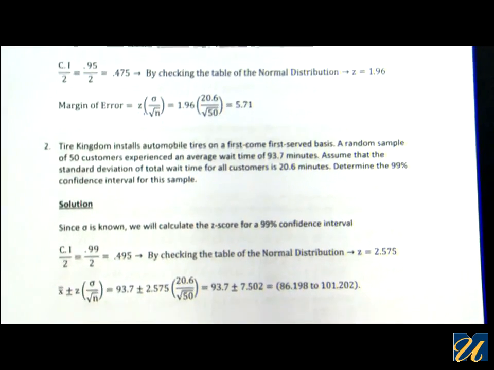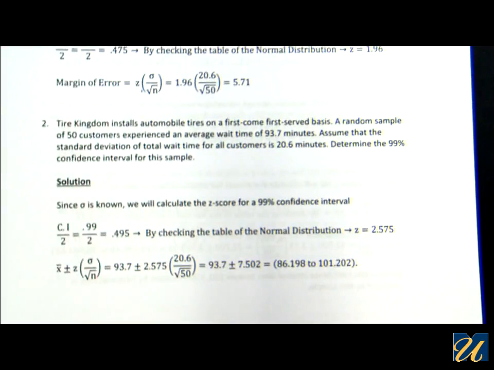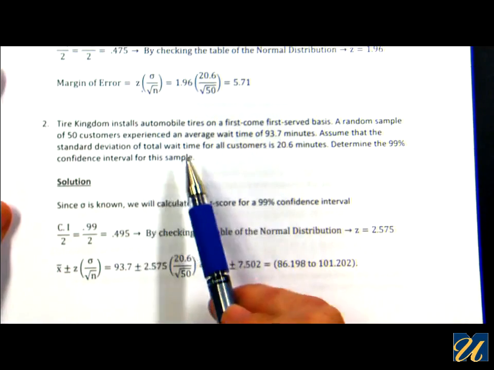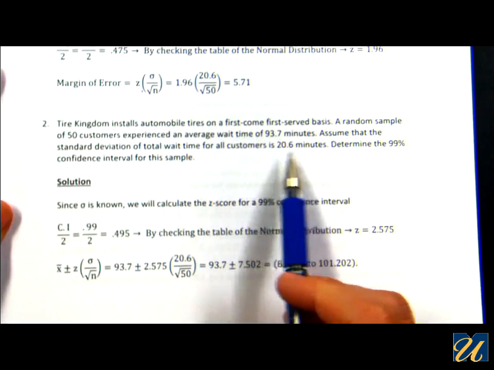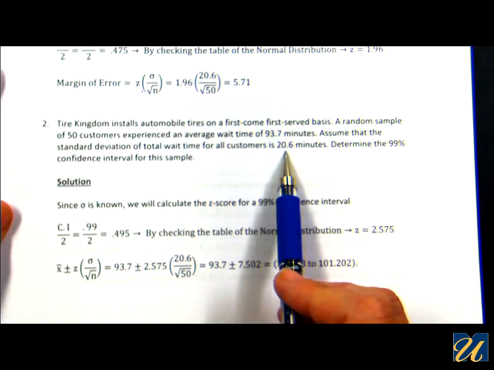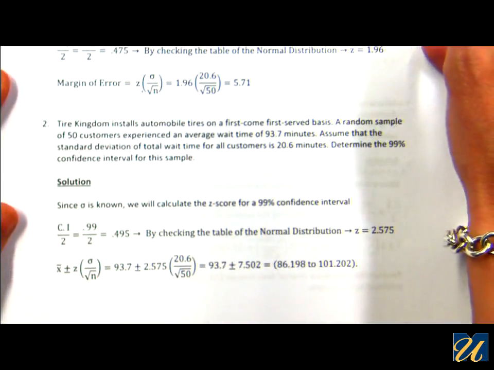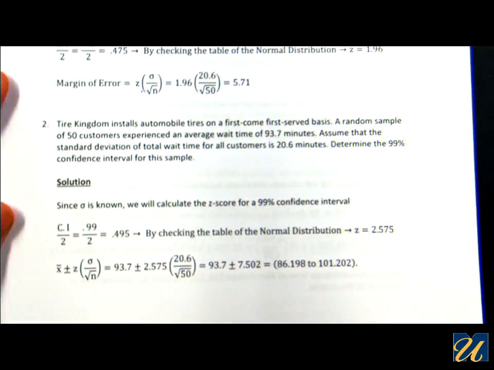Now, for the same problem, we have n equal to 50, we have x bar 93.7, we have sigma 20.6.